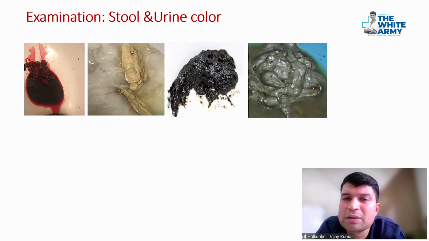And the last picture shows silvery stools or cement-like stools. This can occur in ampullary carcinoma. People who are well versed with colors know that black plus white is nothing but silver. Black plus white, we get gray or silvery stools. The black component in the silvery stools is blood.